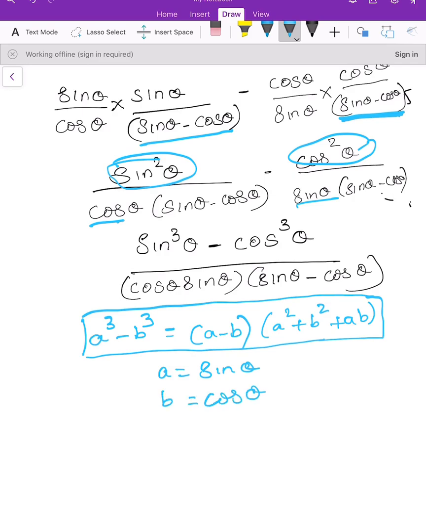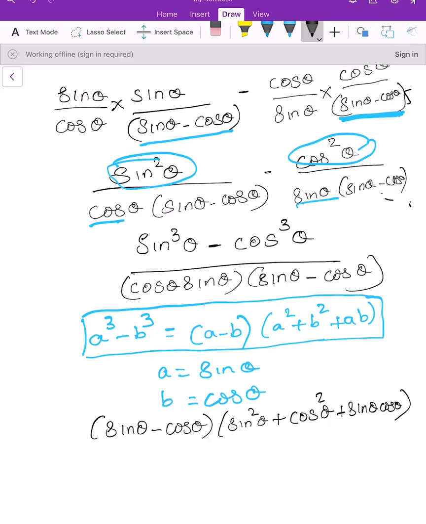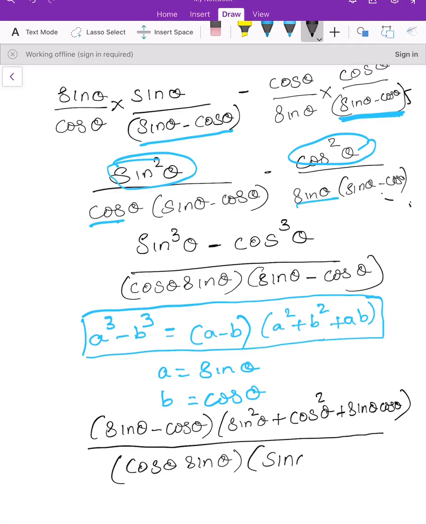So I'll expand that. a cube minus b cube will be a minus b, sin theta minus cos theta, multiplied by sin square theta plus cos square theta plus sin theta cos theta, divided by cos theta. The denominator I'm not changing, I'm writing as it is: sin theta minus cos theta. Because these both are the same, I can cancel them.